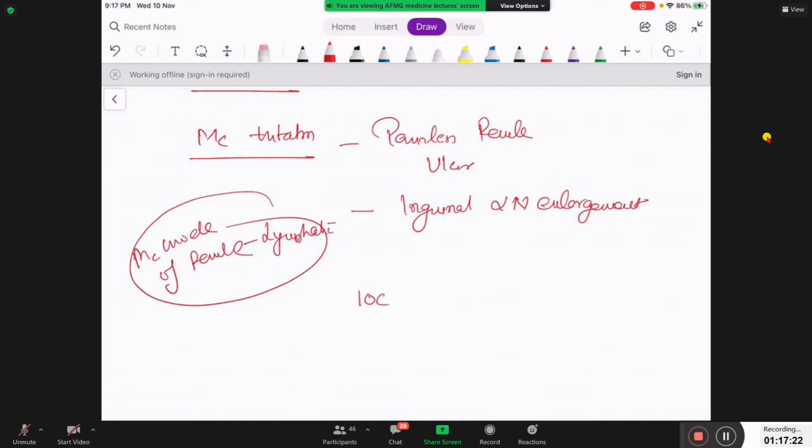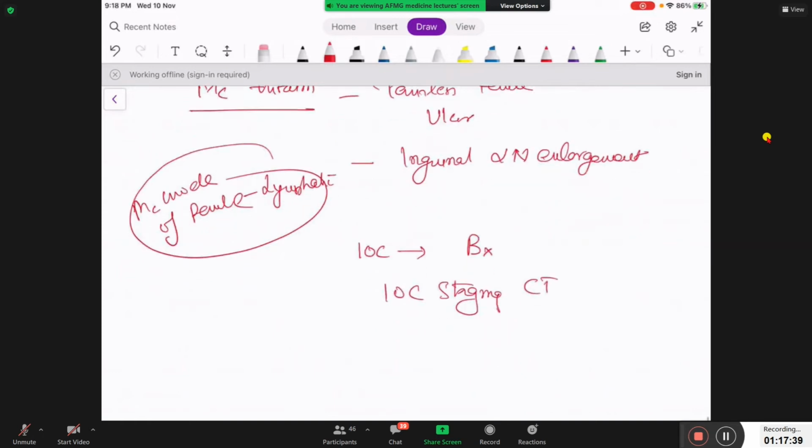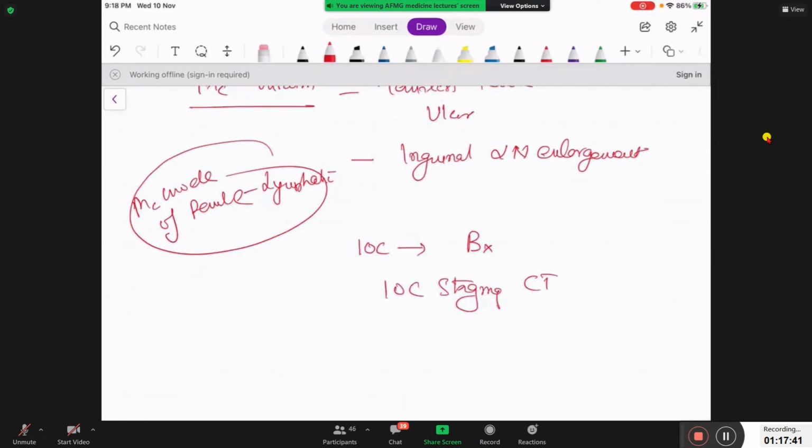Investigation of choice is biopsy. Investigation of choice for staging is CT scan.